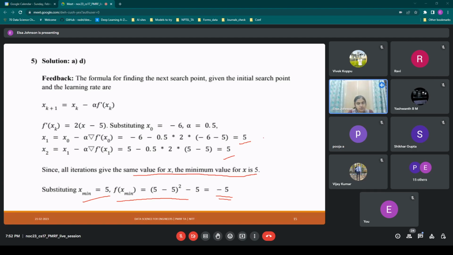In this case it's not varying, so we have stopped at this level. Is this clear? If you have any doubt, you just mention that.